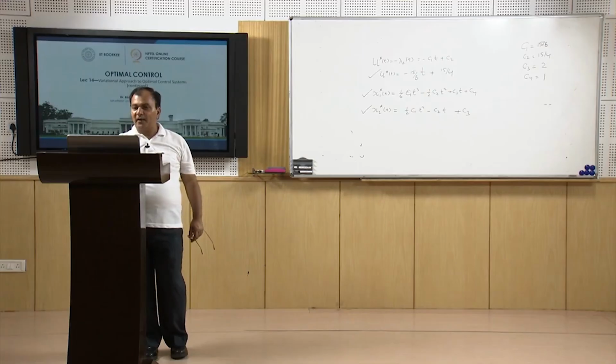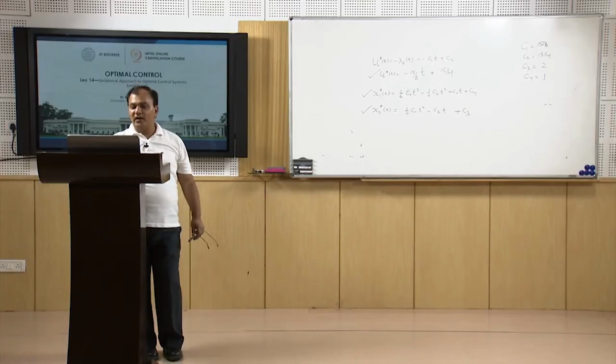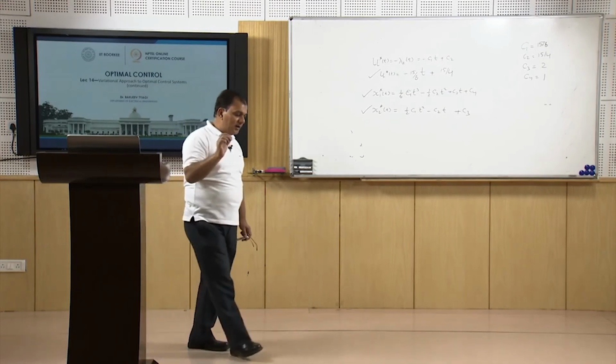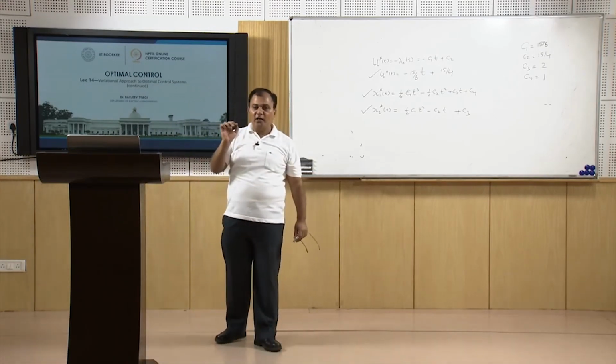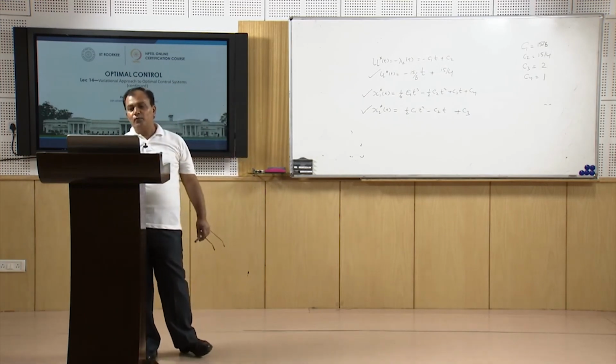So, if I summarize my approach, I have to solve first the control equation to get the optimal control, then get the state and the co-state equation, and solve these equations with the optimal control value in terms of C1, C2, C3, C4 or whatever constants there are, and these constants can be determined utilizing the initial condition T0 and x(T0) as well as the final conditions which may appear in these 5 forms.